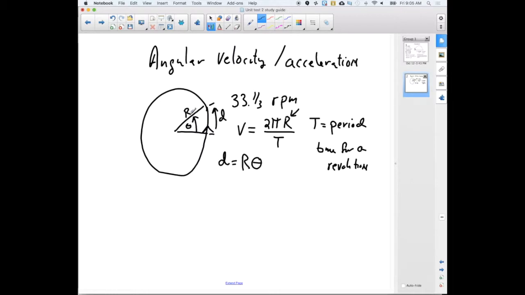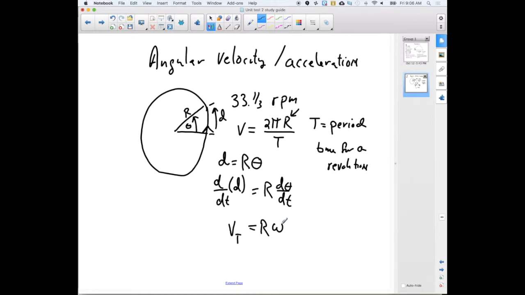If I want to know how fast a point is going at the edge of the wheel, I would say that the derivative with respect to time of that displacement is equal to the radius, which is not changing, times the rate at which the angle is changing. This is just the tangential velocity, the instantaneous velocity of a point. That's equal to the radius times omega, a Greek letter omega.